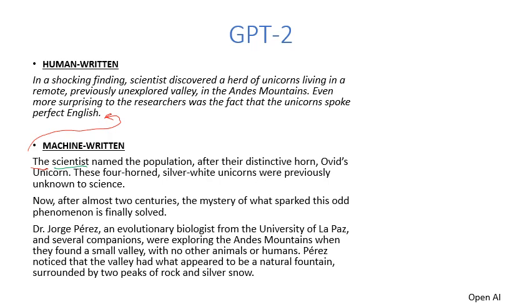These four-horned silver-white unicorns were previously unknown to science. GPT-2 even came up with some names: Dr. George Perez and University of La Paz. These are all false facts. There is no such scientist in such a university, and GPT just coined them.